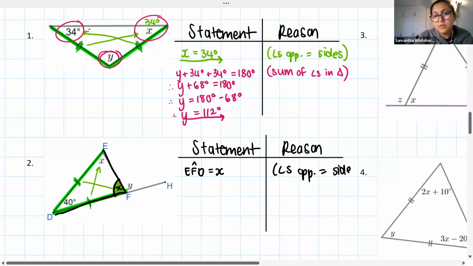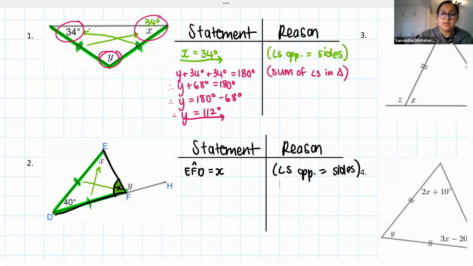And because I know that information, I can now use angles in a triangle to work out X. So now I know that X plus X plus 40 must be equal to 180, because if I add all angles inside my triangle, I must get 180.